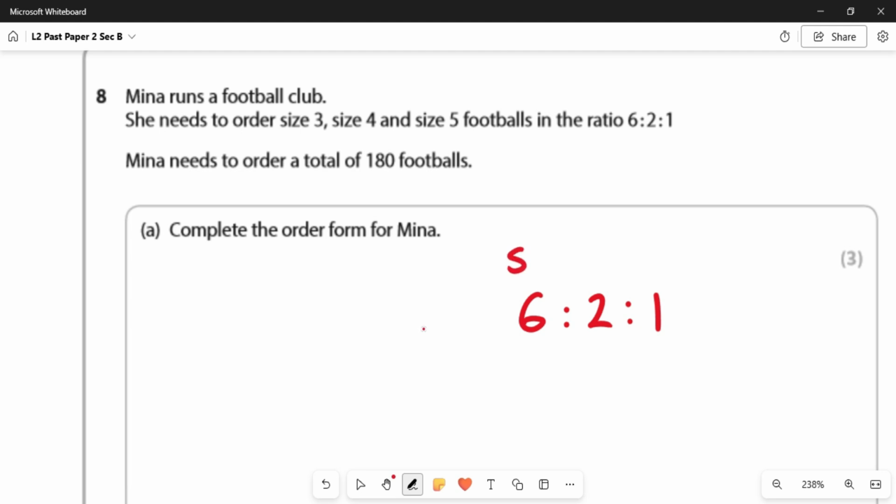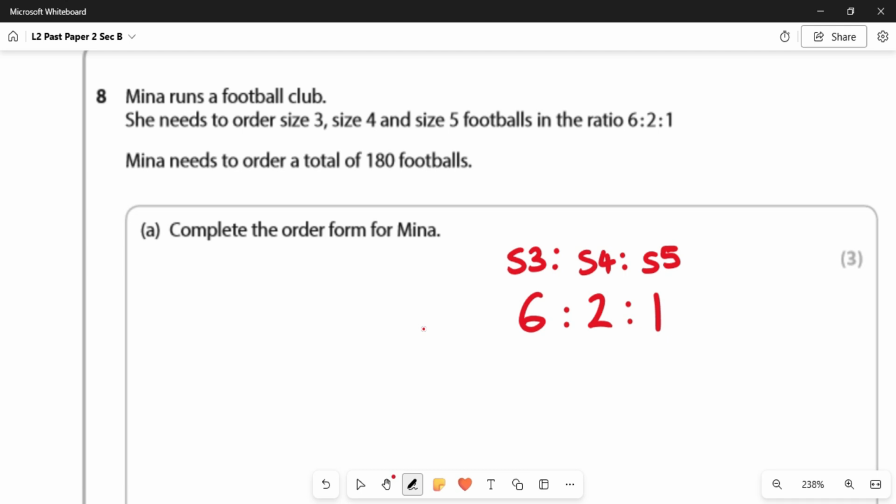So I'm going to put size 3 for that one. Size 4 is the next one, and size 5 is the next one. There you go. Hopefully you can see that. That's a 5. Okay, so yeah, it's the order that they say, isn't it?